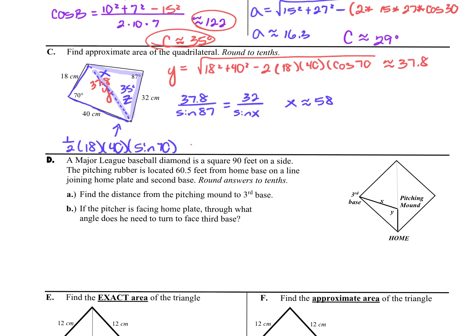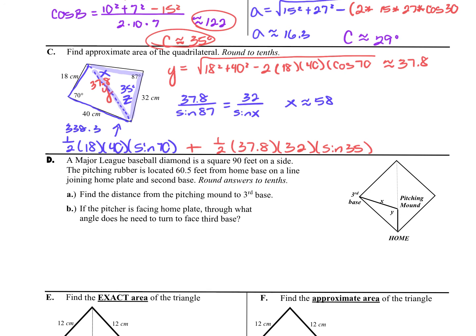I'm going to put a little plus here because I'm going to want to add the two areas together. This one's going to be 1/2, and that side is 37.8. The other side is 32, and the included angle is 35. Now, when you type these in your calculator, this one is going to give you an area of approximately 338.3.